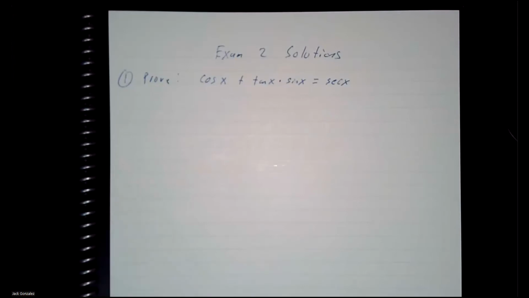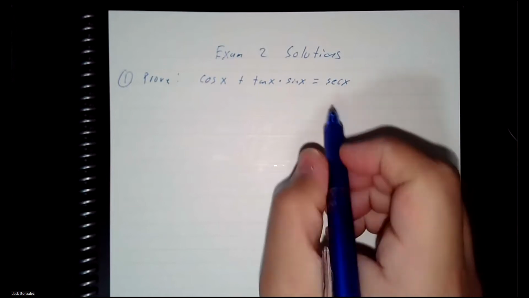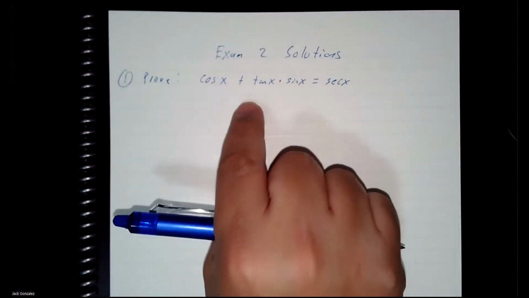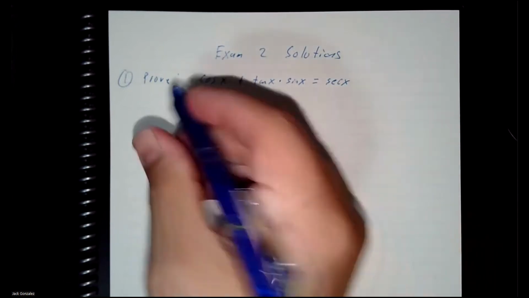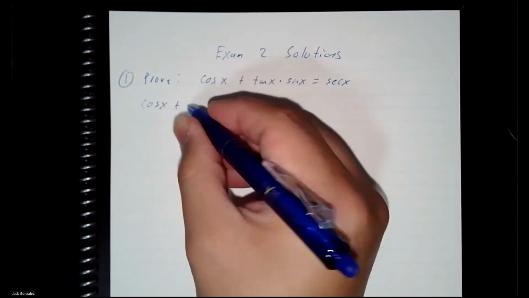All right, so let's prove that cosine plus tangent times sine is equal to secant. Pick a side. Obviously, you want to choose the left because it's more complex. I want to make this turn into secant.